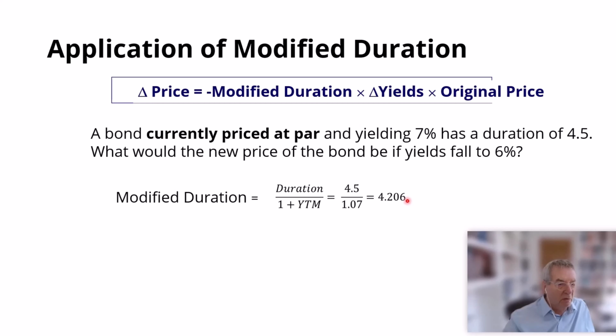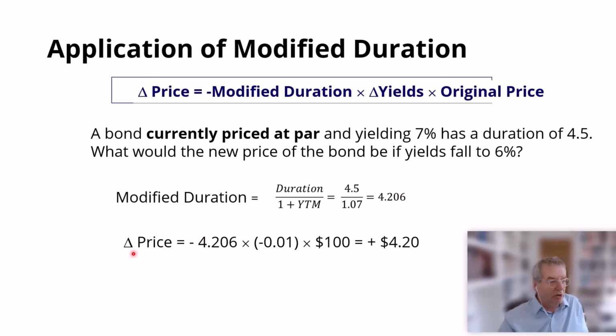And what we can do now is plug those values into the formula, and we can see that the delta in the price is equal to negative 4.2 multiplied by a 1% fall in yield multiplied by $100, the par amount, and it comes to $4.20.